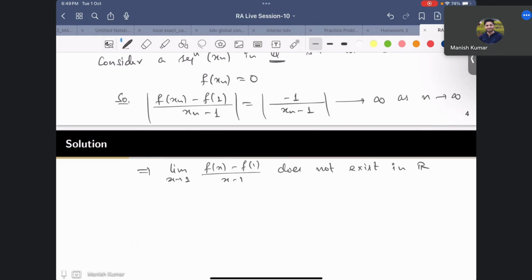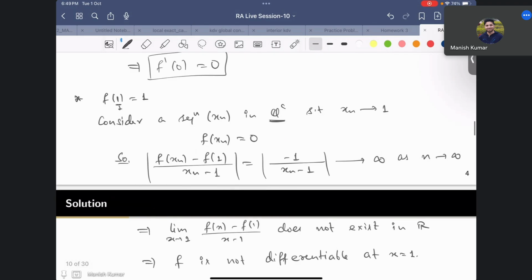So you can argue from there and conclude that this limit does not exist. So this proves that f is not differentiable at x equals 1. Okay, is this clear?